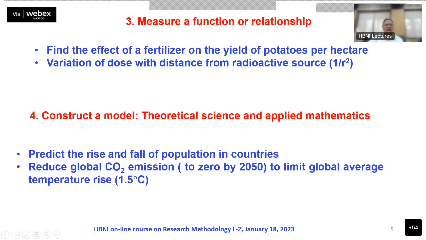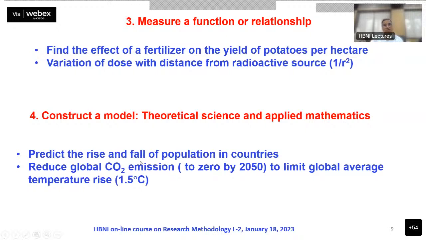The fourth category is construct a model. Most of the time, in theoretical science and applied mathematics, they will be working on this type of research. For example, if you want to predict the rise and fall of population in countries, you must have seen recently that China has peaked its population, and compared to 2021, its population has decreased by some 850,000.